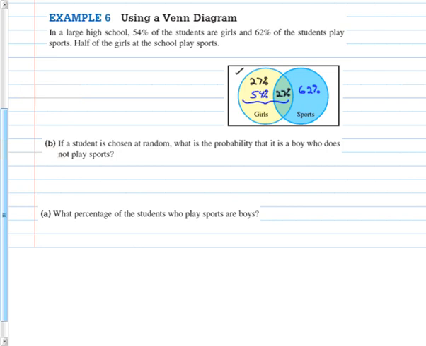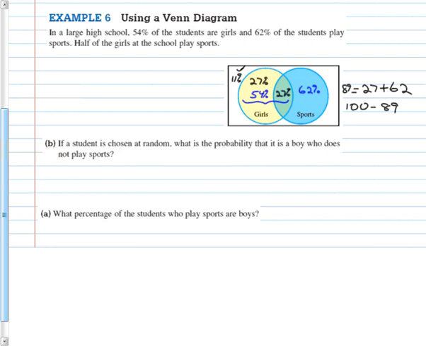It's 27 plus 62, used up in the girls and sports playing people, because some of them overlap, girls who play sports. 62 is the whole blue plus 27 over here. So what is 27 plus 62? 89. So I need to take 100 minus 89. If I take 100 minus 89, what do I have left over for the boys who don't play sports? I have 11% are boys who don't play sports.